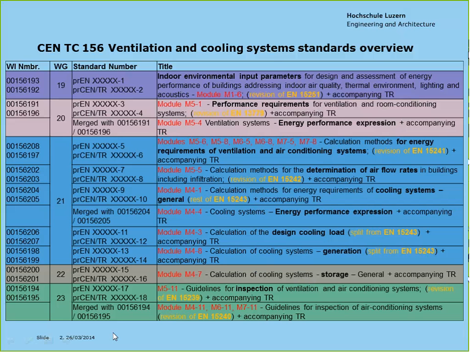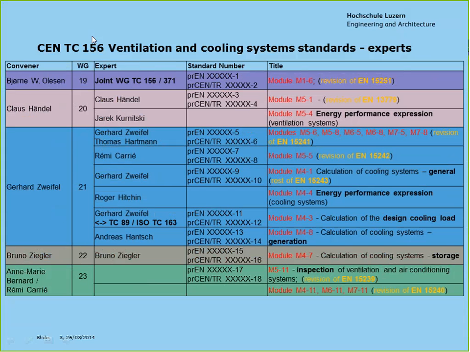And the 2 existing inspection standards down here will be merged into one standard for inspection of ventilation and air conditioning systems. Here you see also the names associated with the working groups and some expert names, so if you want to approach people in respect of a certain work item, you can do so.